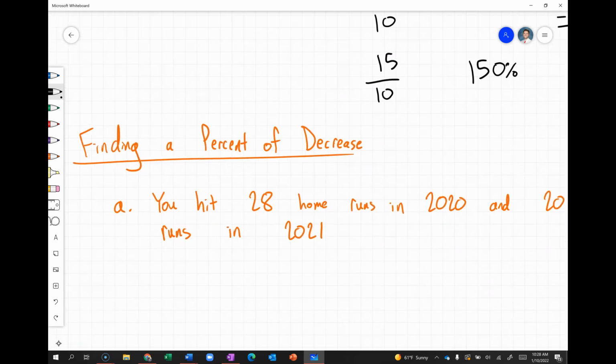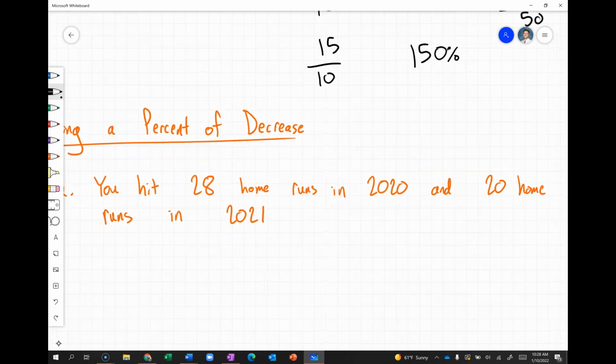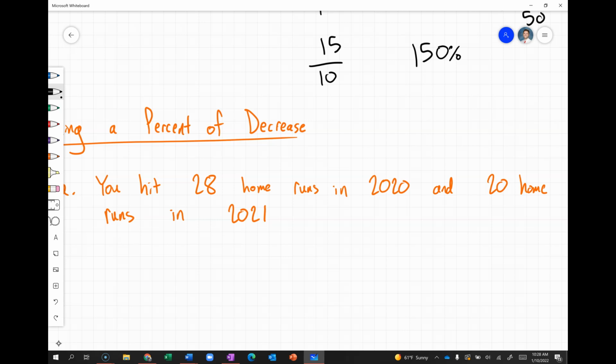Okay, now looking at a percent of decrease. One example here, we have you hit 28 home runs in 2020 and 20 home runs in 2021. So our percent of decrease, right, we've gone from 28 to 20, so that's 28 minus 20 divided by our original number of 28. So that would be 8 over 28.